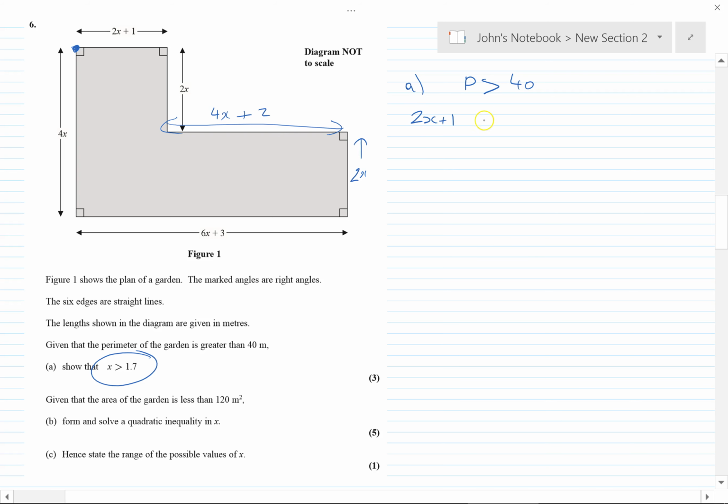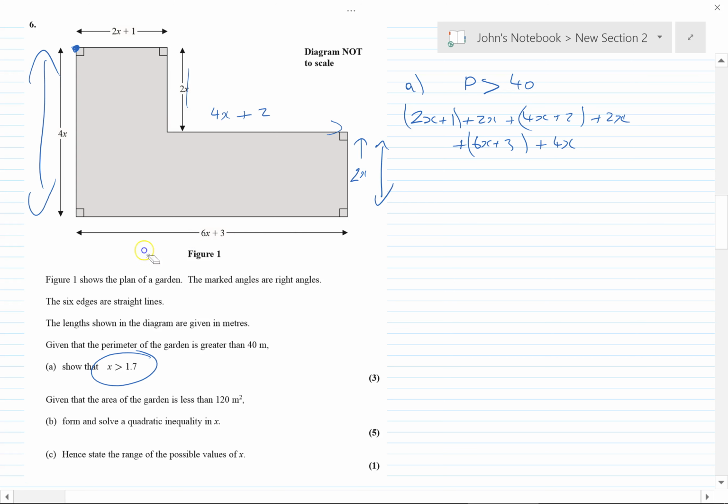Start at the 2x plus 1 plus 2x, and this one, plus 4x plus 2, which is this one, plus 2x, which is this one, plus 6x plus 3, which is this one, plus 4x, which is this one.